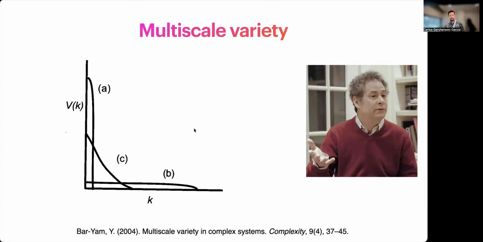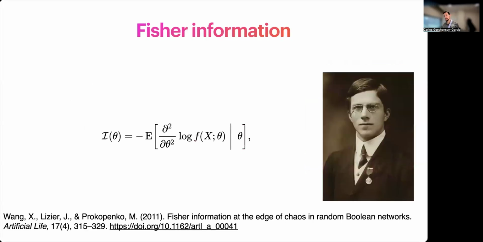And one of these is Fisher information, which under some circumstances can be seen as the derivative of Shannon information, which is basically how much information we gain when we change a parameter of a system. So let's say we are changing a parameter and then we plot the Shannon information.